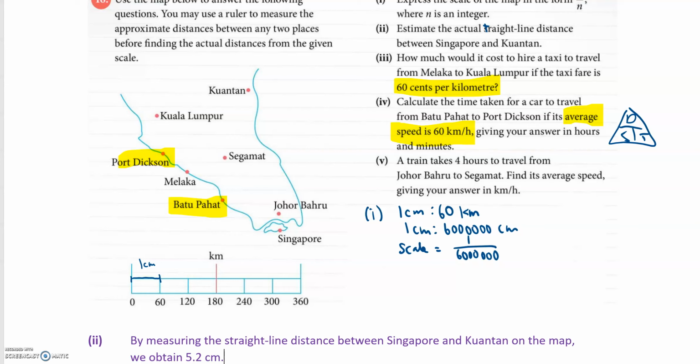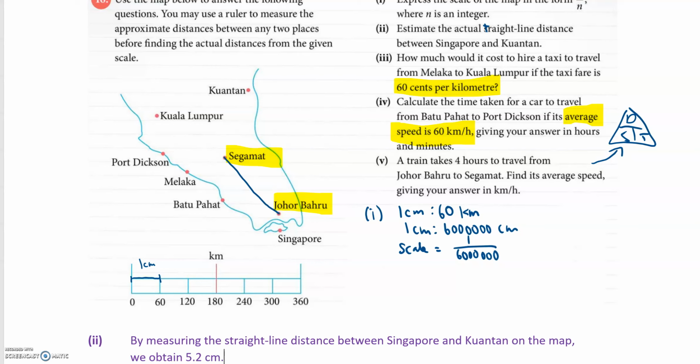For the last part, a train takes 4 hours to travel from Johor Bahru to Segamat. They want us to find its average speed, giving your answer in kilometers per hour. So I will link these two. Again, find the estimated distance. Once you have the distance and the time, you can find the average speed in kilometers per hour.